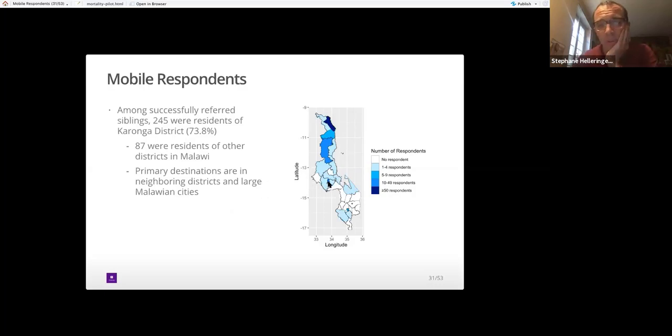So those small areas of darker blue that you see in the central region and in the southern region of the country, these are actually the largest cities in Malawi.